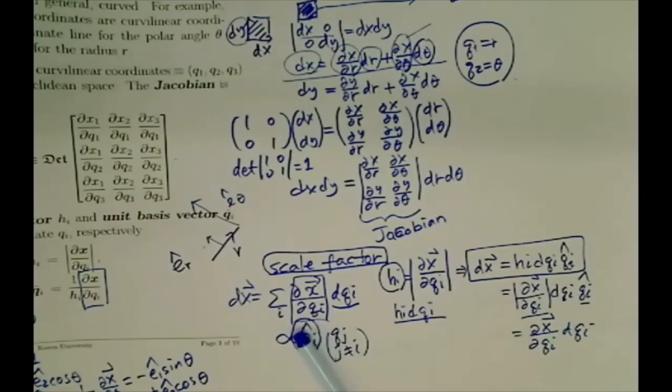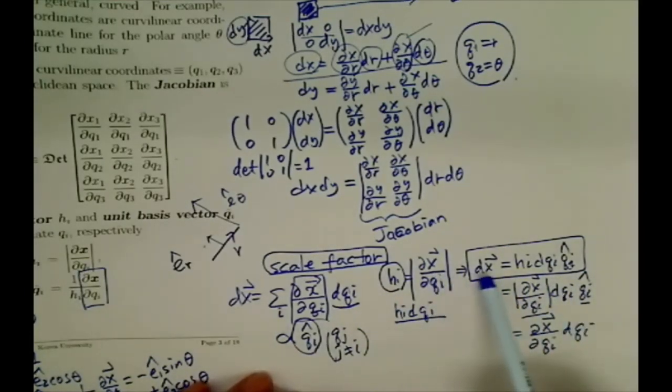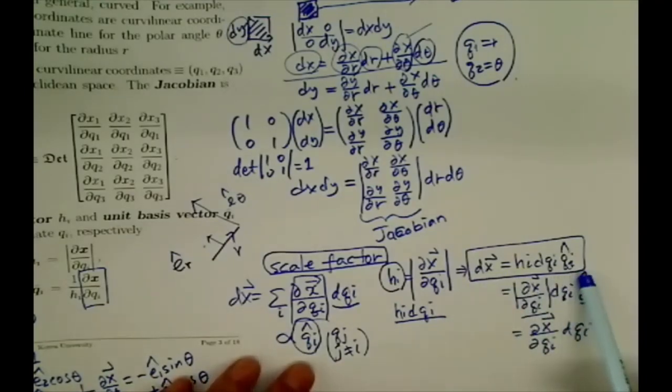You will find that this partial derivative is proportional to the unit vector along that coordinate, and the magnitude of this vector is the scale factor hi. Using this expansion, the infinitesimal displacement along the direction of qi is just the unit vector along the qi coordinate multiplied by the length differential. That length differential is the coordinate change multiplied by the scale factor.